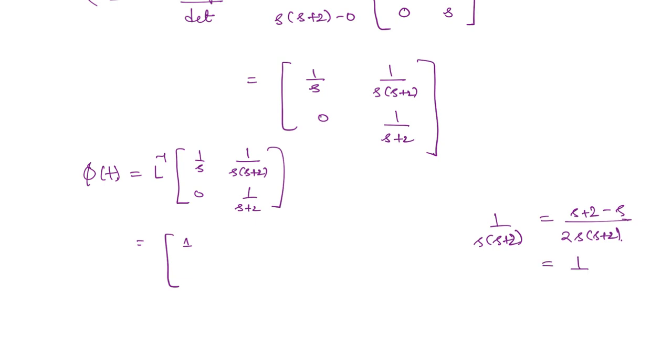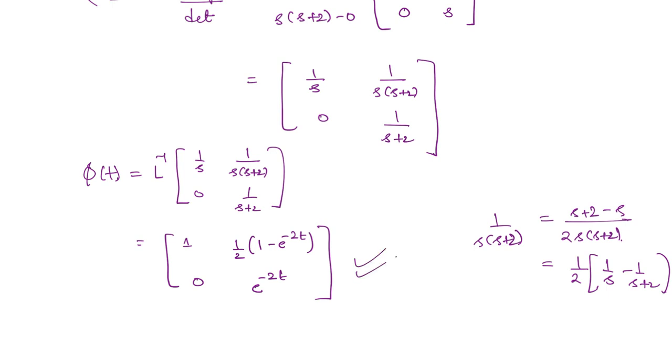This is equal to 1/2 times (1/s minus 1/(s+2)). The inverse Laplace of this is going to be 1/2 into (1 minus e to the power minus 2t). Zero remains zero, and here you are going to get e to the power minus 2t. So this is the final answer.